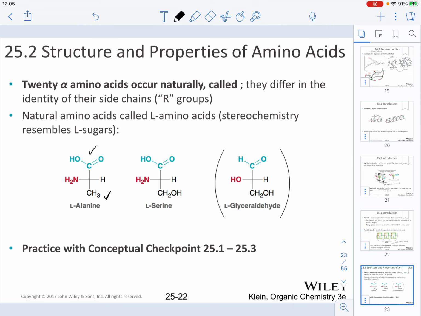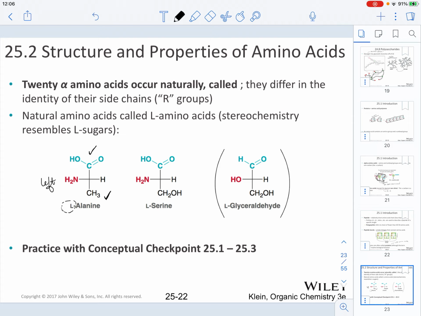If the amino is on the left, then we have an L amino acid. If you have that NH2 on the right, then that's going to be a D amino acid. But again, most of the naturally occurring amino acids are L. So that's why you see here L-alanine and L-serine.